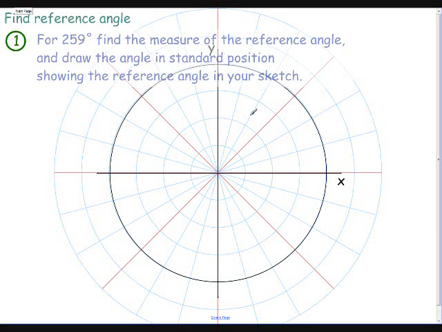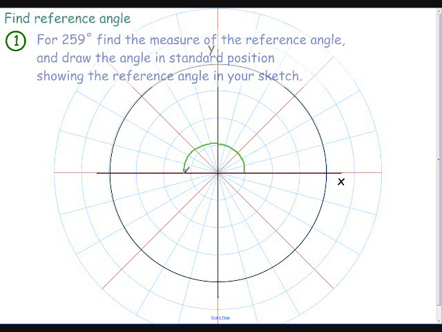So for 259 degrees, find the measure of the reference angle. Okay? Well, this would take me to 90, 180. If I went all the way over here, it would be 270. So I'm not going to go all that way. I think each of these are 15 degrees, aren't they? Let me think about that for a minute. This is 45. Yeah, each of these are 15 degrees.